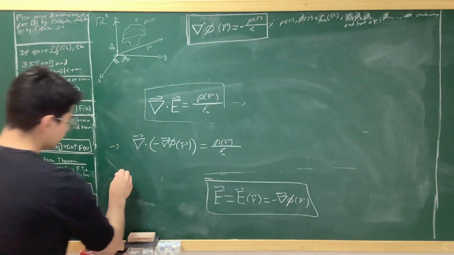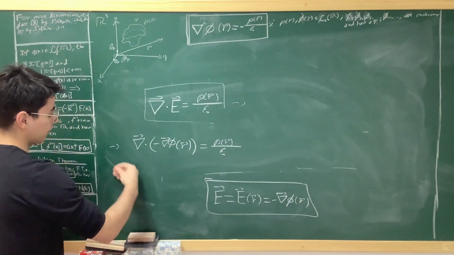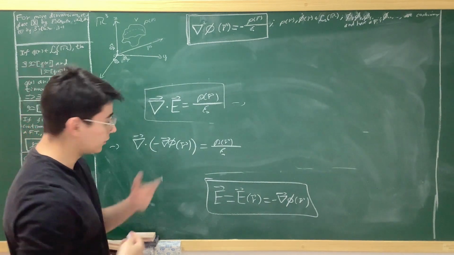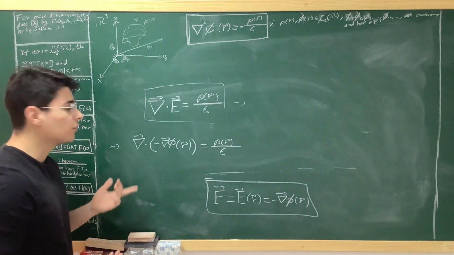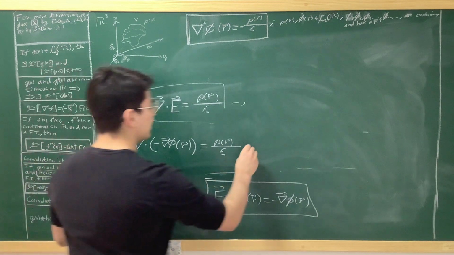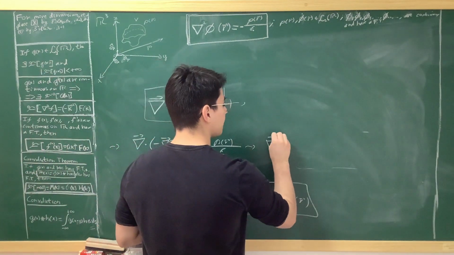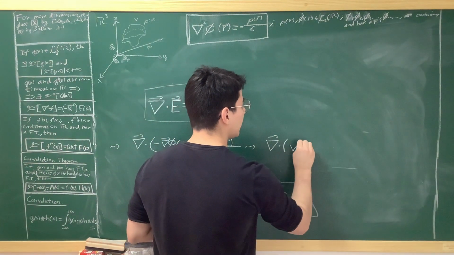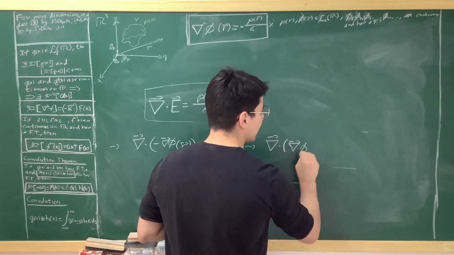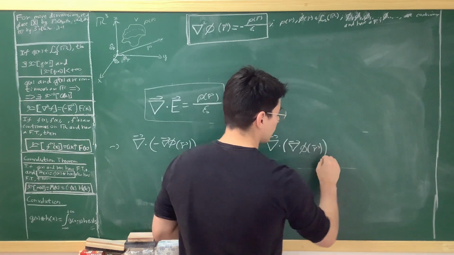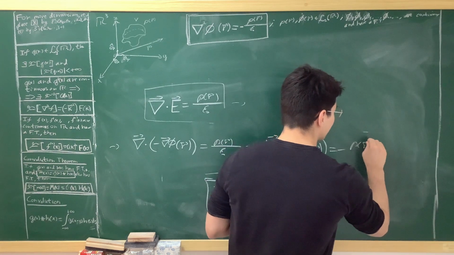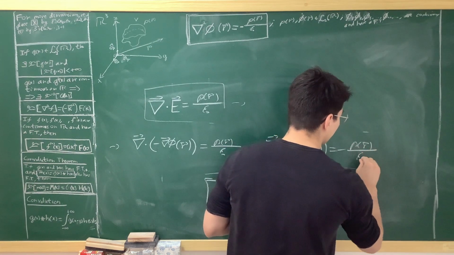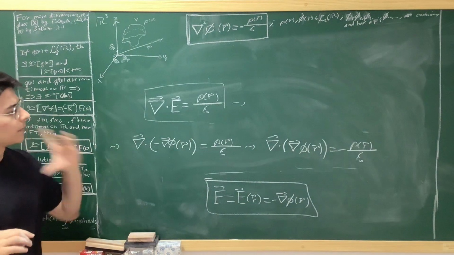Of course, the minus sign can go out of the divergence because it's a constant. And we can rewrite this as the divergence of the gradient of some scalar function, the potential, equal to minus the charge density over epsilon naught.